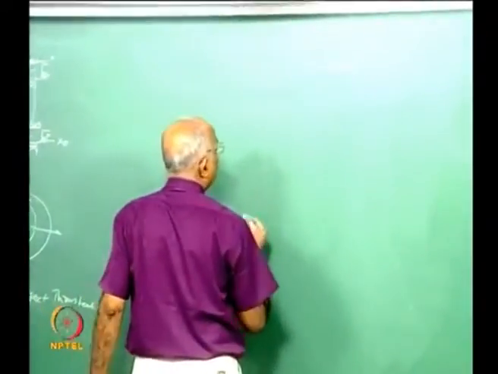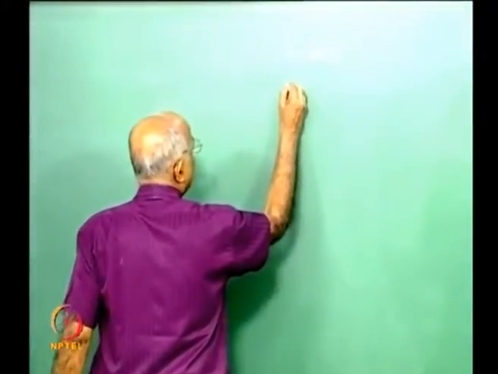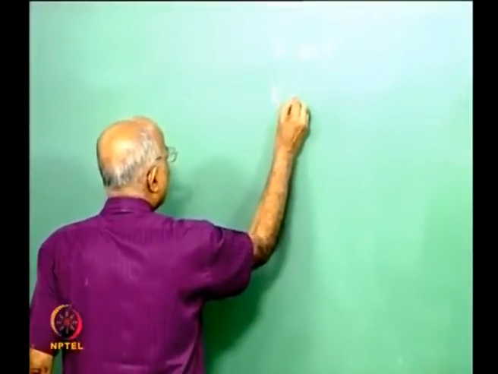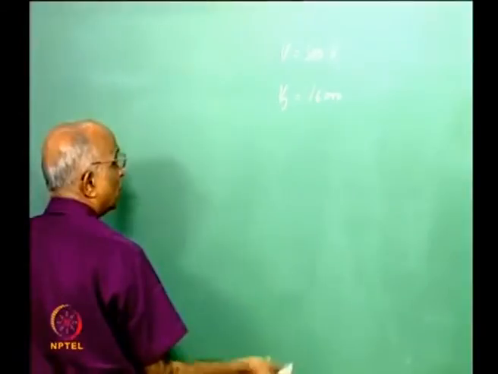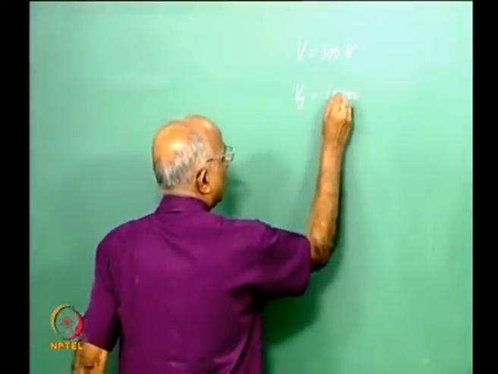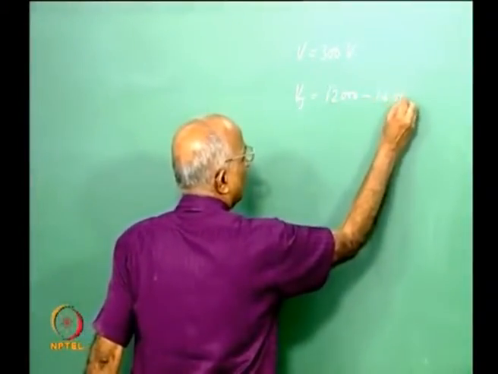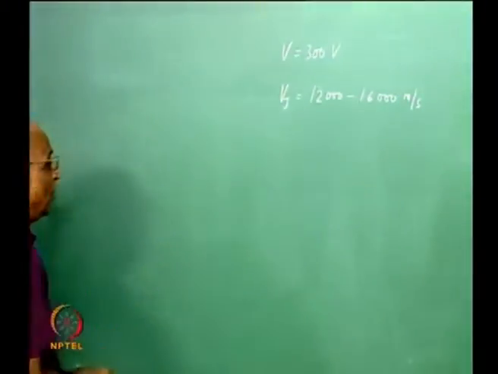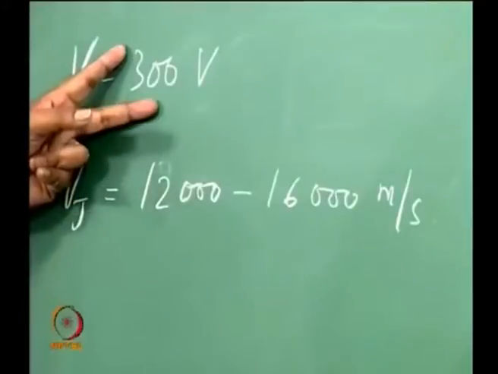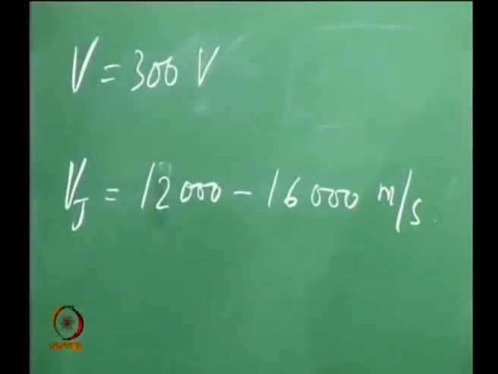There is no question of a gap, and the Vj I get is somewhat lower, of the order of 12,000 to 16,000 meters per second, compared to 24,000. But even though I get a smaller value, I use much lower voltages, and this is what is known as a Hall effect thruster.